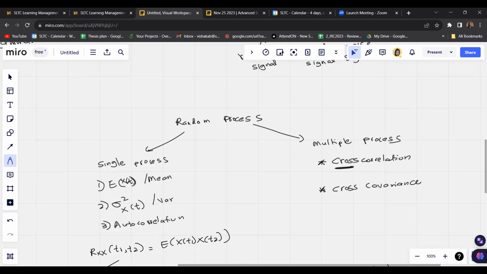That is why we are calling these statistics cross covariance and cross correlation.